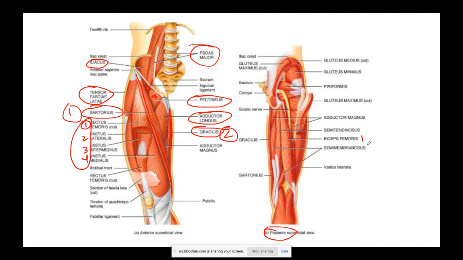I'll put an H for hamstrings. But there are 4 quadriceps. We'll put the Q there for 4.